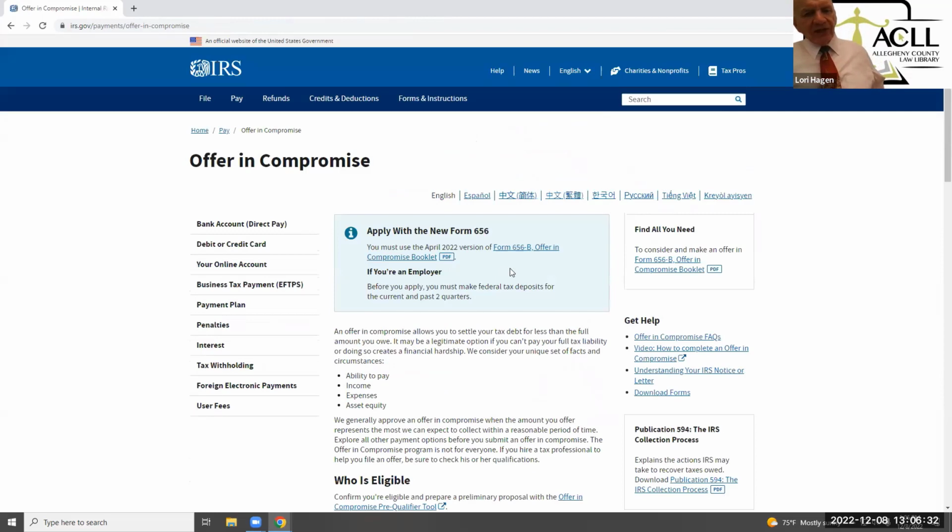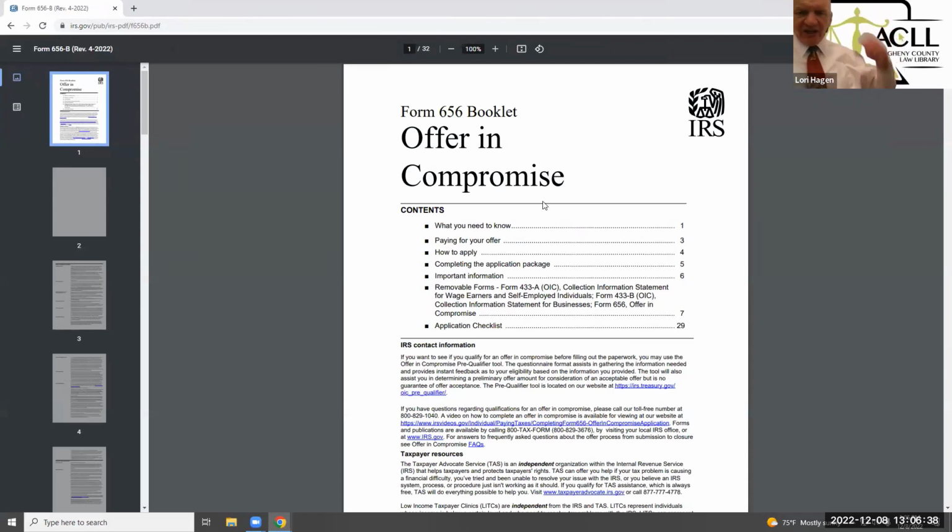Okay. Now, the offer in compromise booklet here, essentially this is the guideline, and this is a guideline I'm going to be trying to explain to my client this Friday, where I'm going to be talking to them. They are getting some money in, and they're going to say, well, Fred, why don't you take this $250,000 we got?